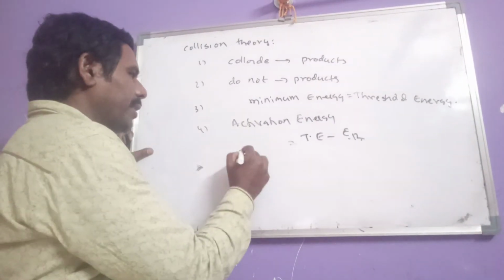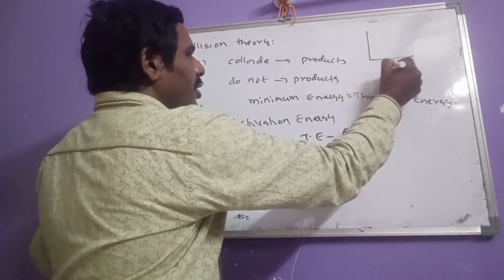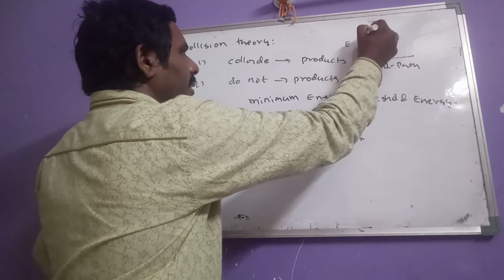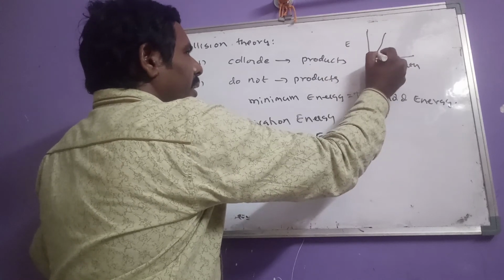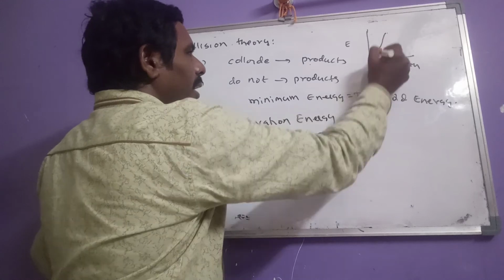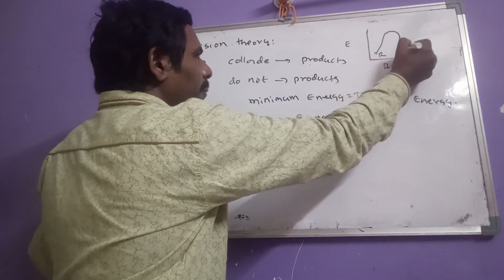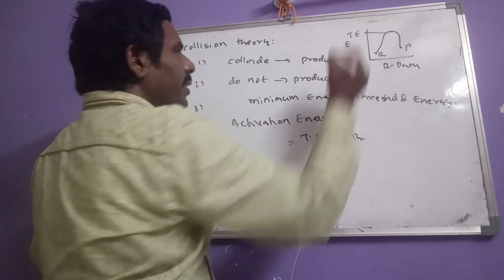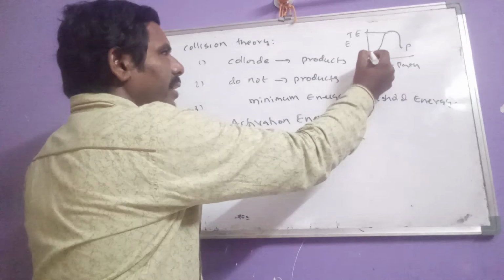So we can represent this with a graph. Let this be the reaction path and this the energy axis. Now these are the reactants. The reactants shall have to possess a minimum amount of energy to give the products. This minimum amount of energy is called threshold energy, and this is the reactants energy.